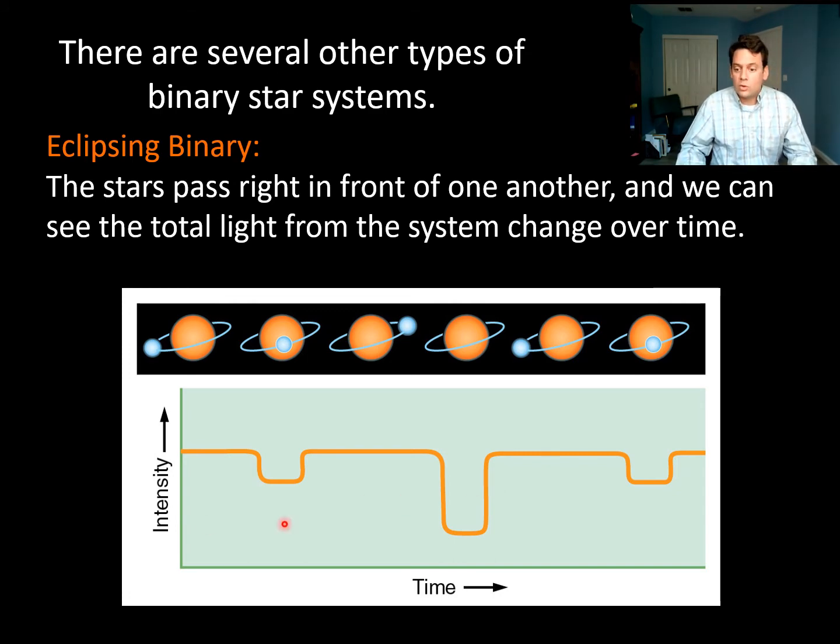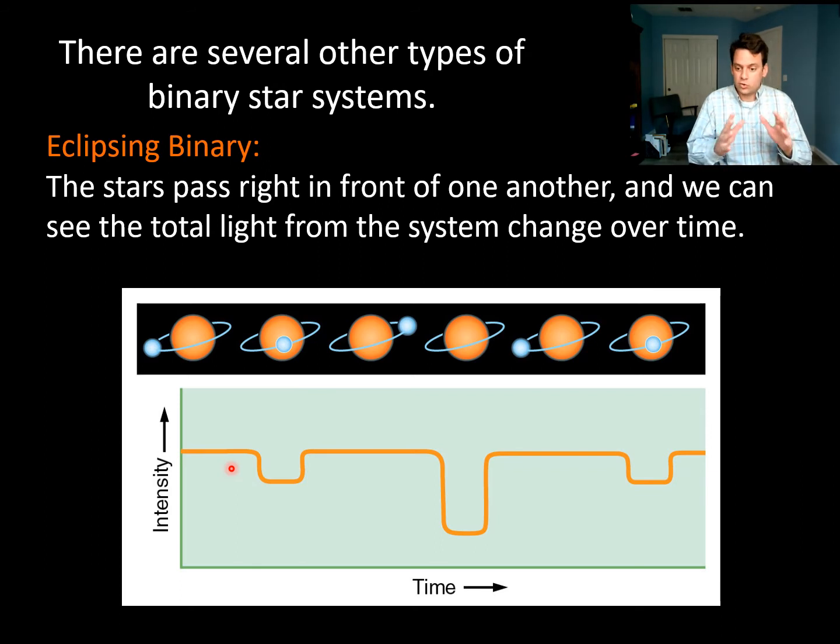Fortunately, our technology is such that we can actually measure intensity as a function of time for binary star systems like this, and by observing this periodic variation in the intensity, we can conclude that this is a binary star system. In fact, there are lots of binary star systems that are not visual binaries.